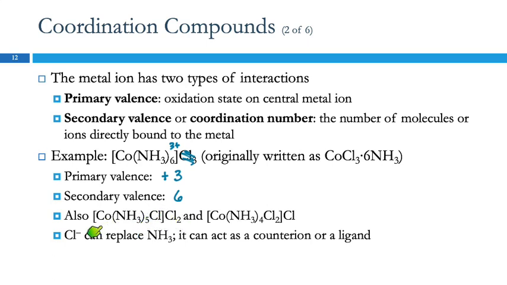But this chloride is now bound to the cobalt instead of being a free counter ion. And here we've got 4 ammonias and 2 chlorides attached to the cobalt, and just 1 is a counter ion. So the chloride can replace the ammonia. It can act as a counter ion, as it is over here, or as a ligand. These guys are a little crazy.